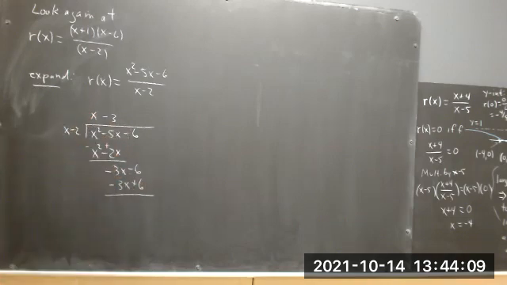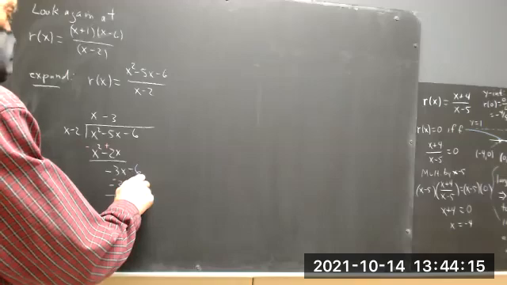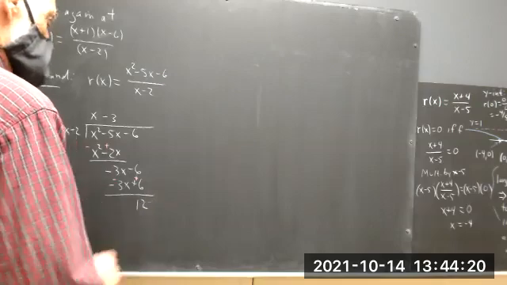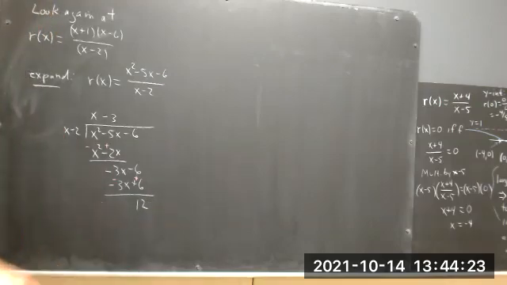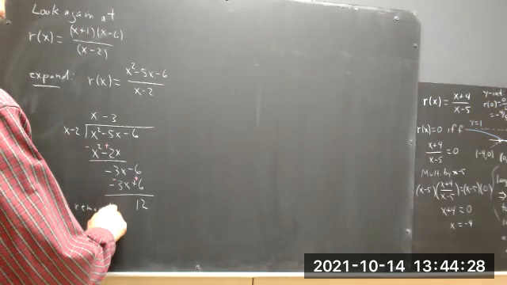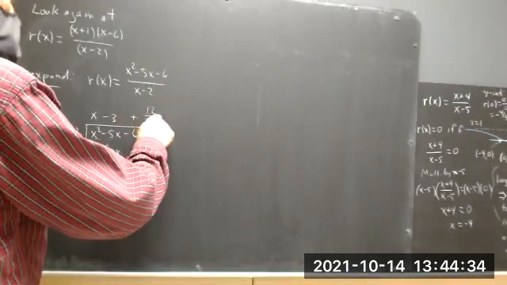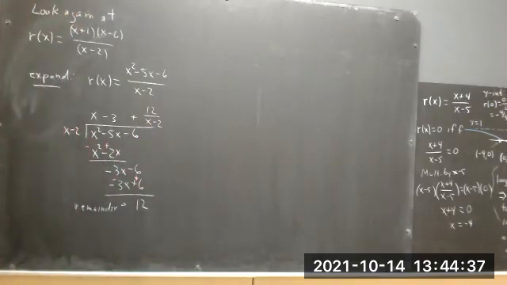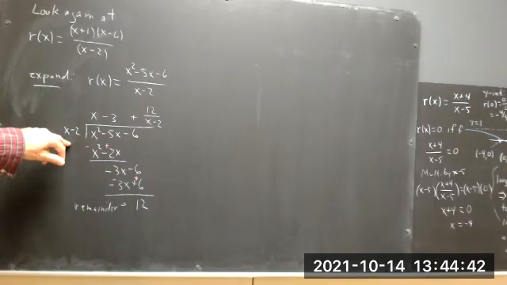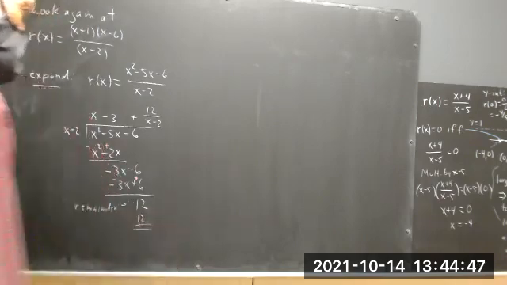And what's that going to leave us? Well, if we subtract the negative 3x plus 6, it gives us 12. That's our remainder. So then we write plus 12 over x minus 2, because when we multiply 12 over x minus 2 by x minus 2, we get 12. That ends the process.